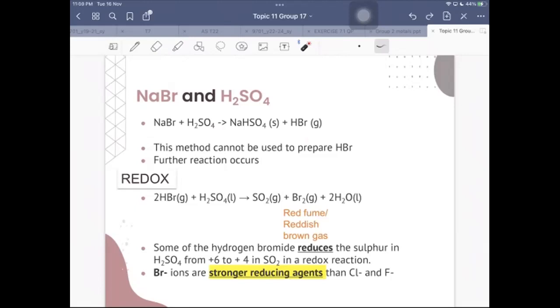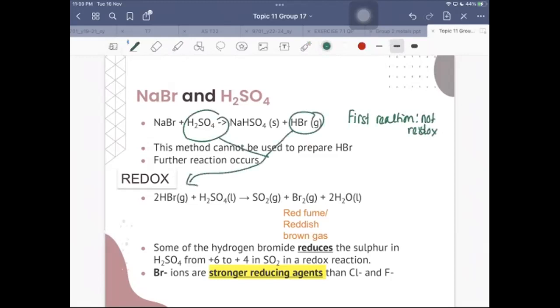So we're going to look at the oxidation number for this redox reaction. Okay, so this is the first part of the reaction, which is not a redox. Okay, and then what happens is that you have this hydrogen bromide reacting with H2SO4 to react further. Okay, and you will see a redox reaction occurring. Okay, so let's see.